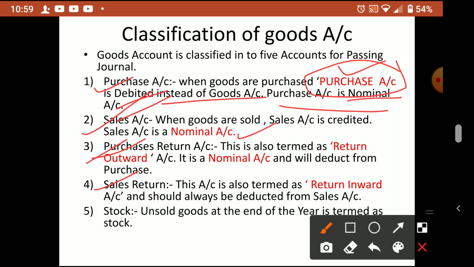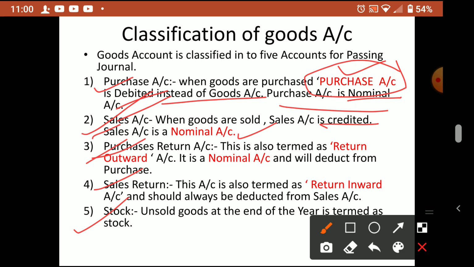Same way sales return. Sales is credited, but sales return will be debited. Purchase's opposite is purchase return, sales' opposite is sales return. So whatever rule is applicable for purchase, you have to reverse it for purchase return. Same way sales return.